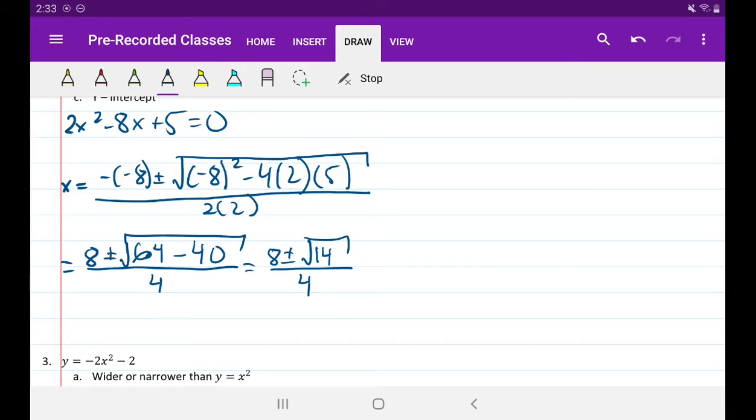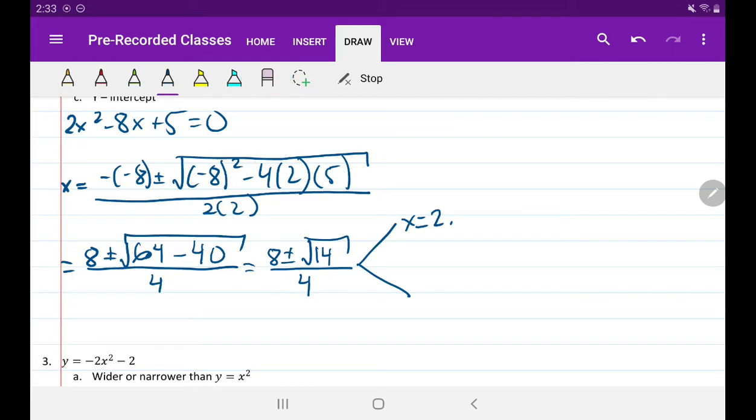What we could do is plug these into our calculator to get a decimal approximation. So let's see, I'll do 8 plus radical 14 and then divide that by 4, and one possibility is 2.95 or 2.9.